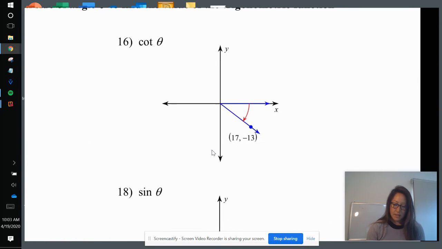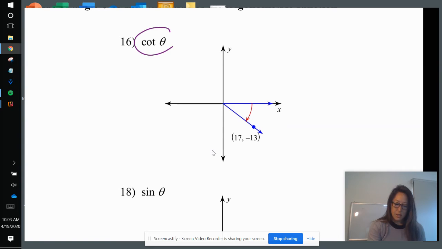Okay, so number 16, we want to find the cotangent of theta. So theta is right here, and we actually don't even care what the angle measure is. What we want to find is a ratio. Tangent is y over x, so the reciprocal of that, cotangent, would be x over y.